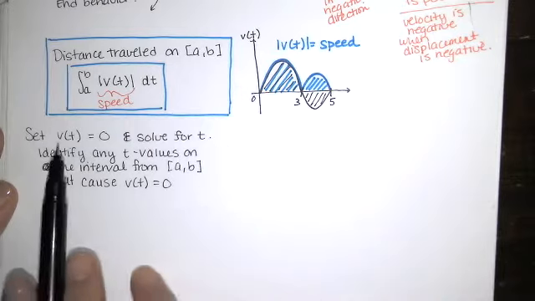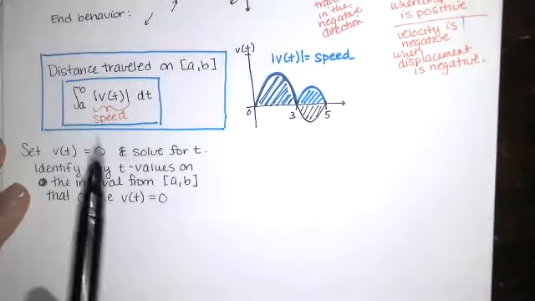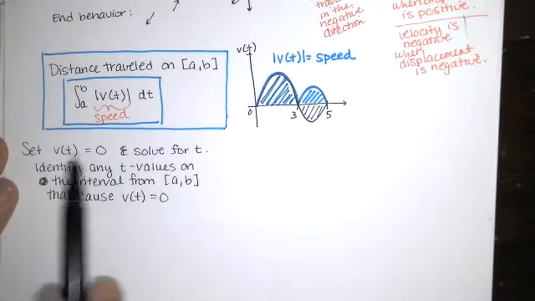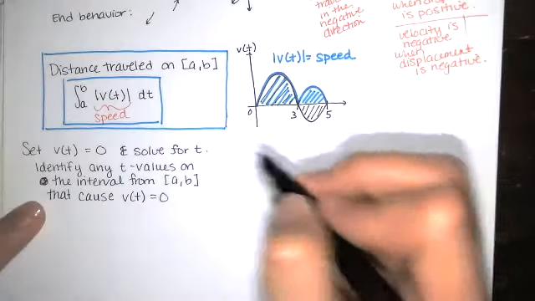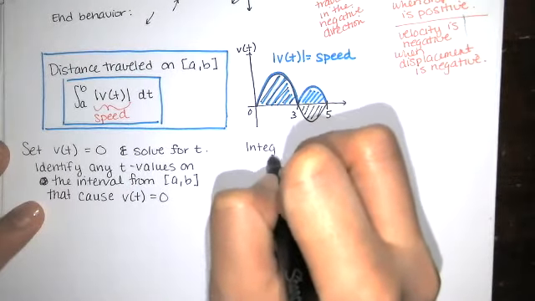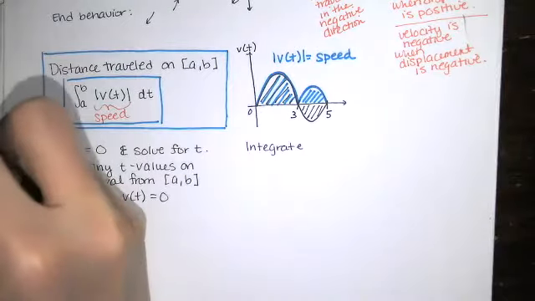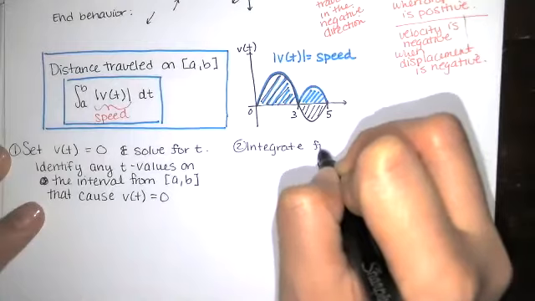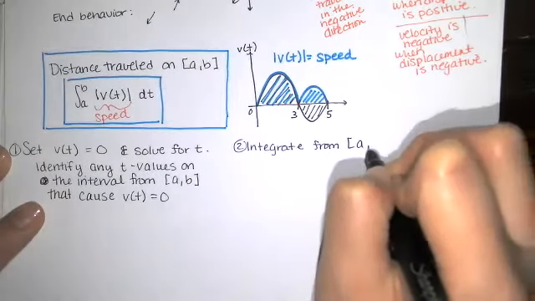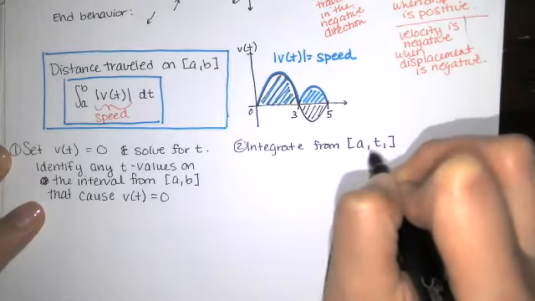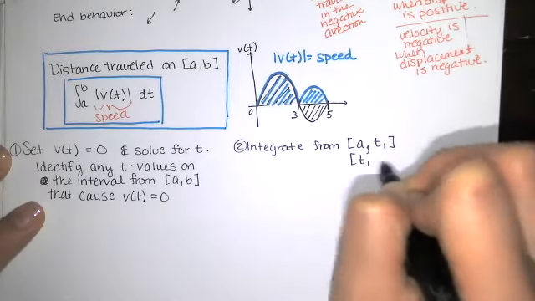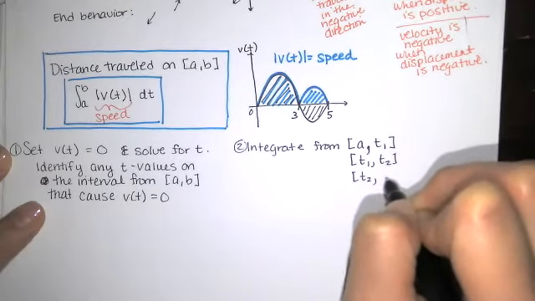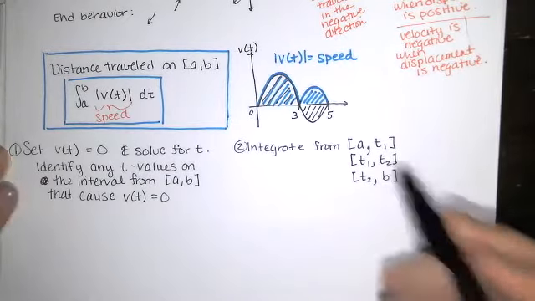Then you want to evaluate the integral of the velocity function on each of the intervals defined by those t values, those zeros of the velocity function. So we do that, then we integrate from a to t1, and then t1 to t2, t2 to t3, all the way to b.